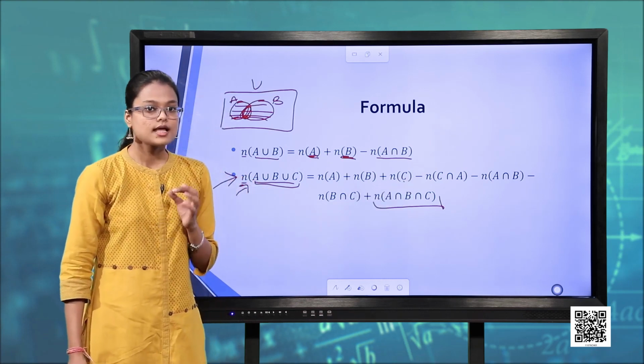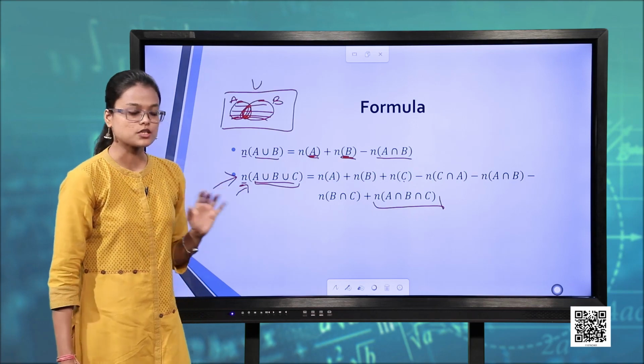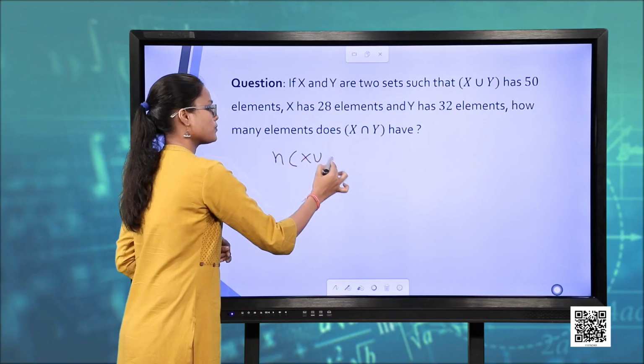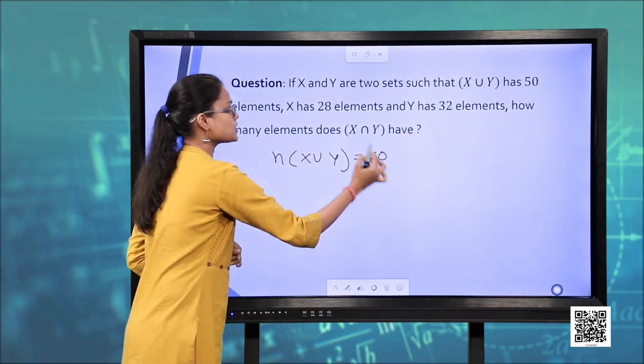Now students, let us take some questions based on them. First question says, if X and Y are two sets and X union Y has 50 elements, that means n(X union Y) is given to be 50.